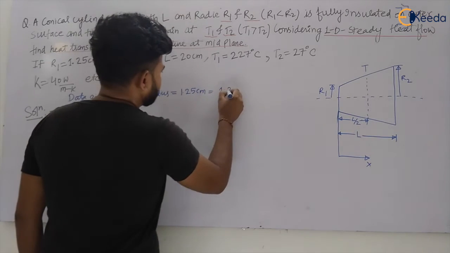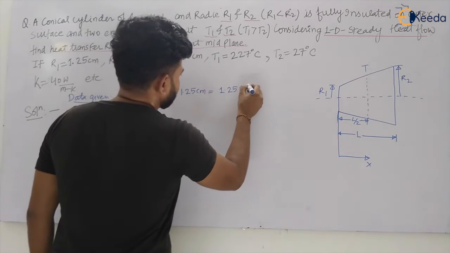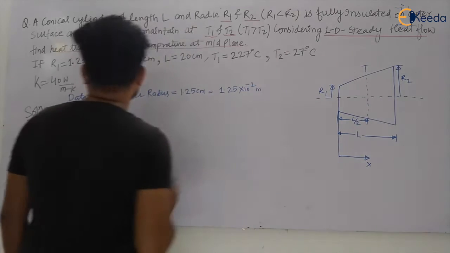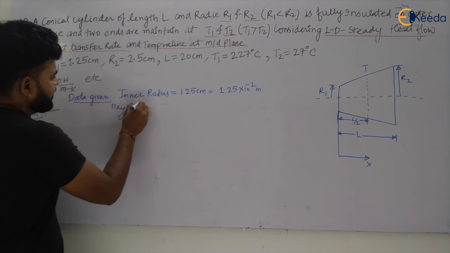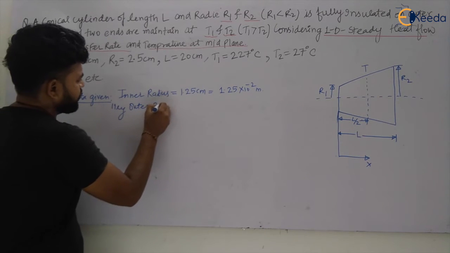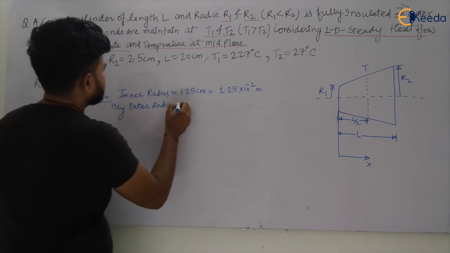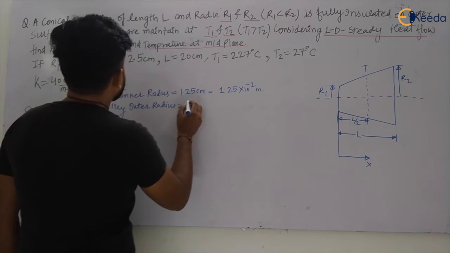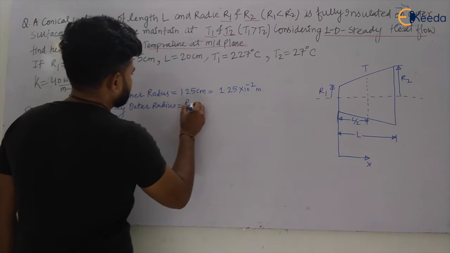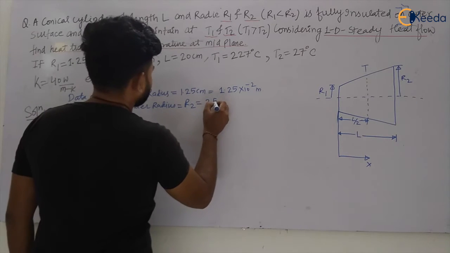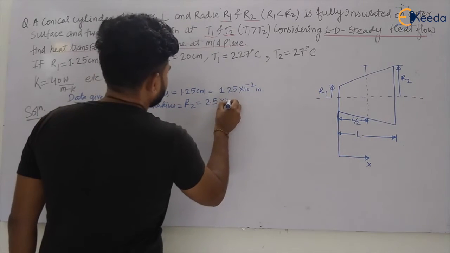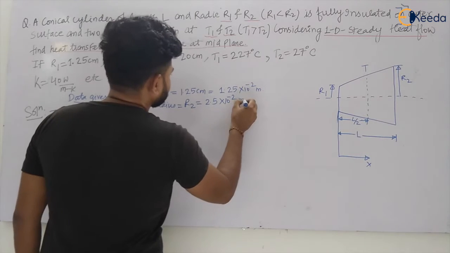Yes, I have to multiply it by 10 to the power minus 2 meter. Similarly, the outer radius. What is your outer radius, my dear students? The outer radius, that is your R2, is equal to 2.5 centimeter, that is 2.5 into 10 to the power minus 2 meter.